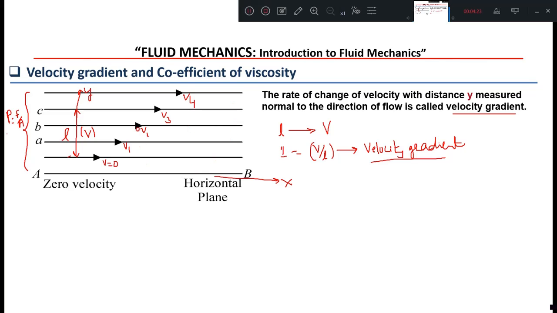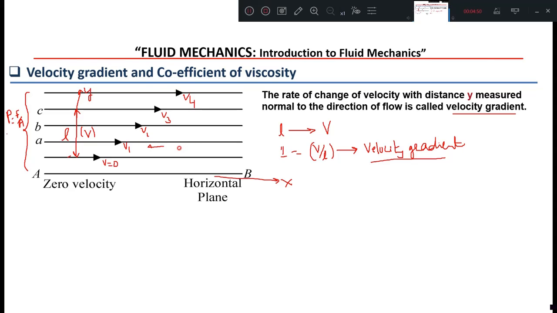From this we can say that a relative motion between fluid layers exists, which opposes the motion of the fluid, and hence the force opposing the motion of the fluid is called viscous drag, which acts opposite to the direction of flow.